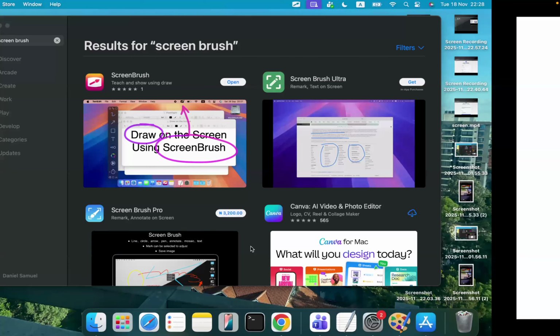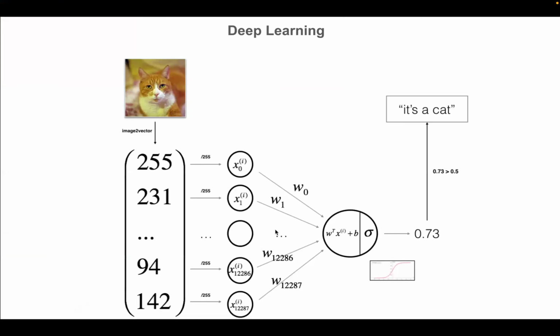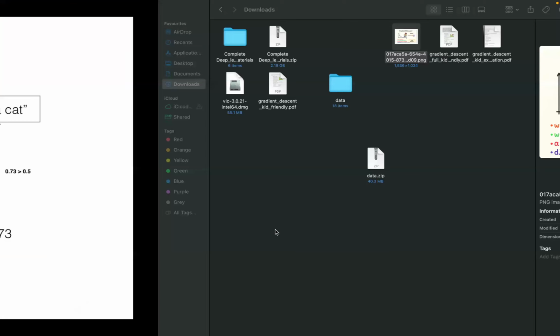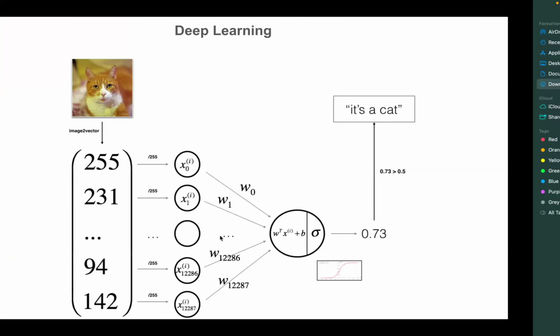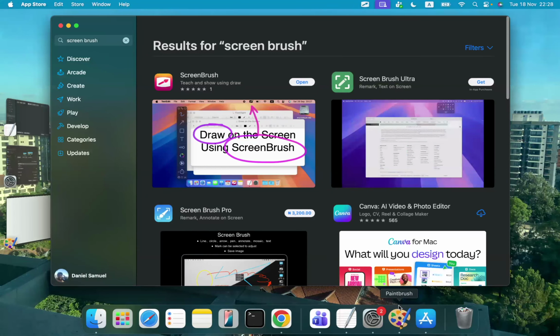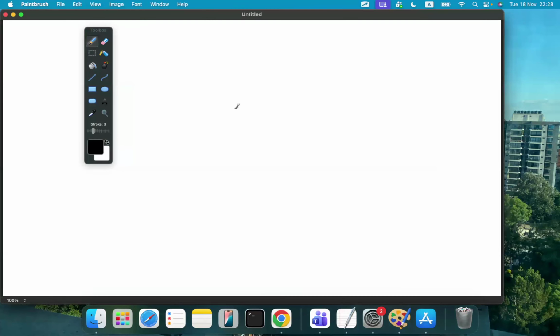So let's say, for example, we have a model that gives us what it thinks, say the prediction is 900 and something.